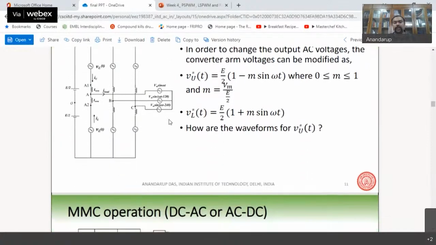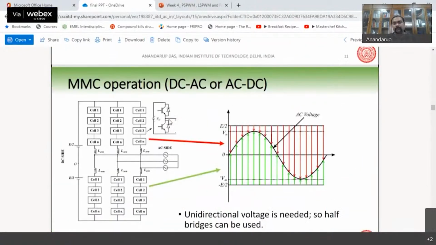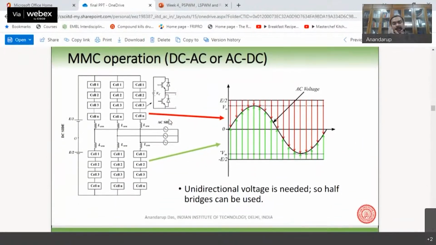Then you can find out the upper arm and lower arm voltages, and you can also depict it pictorially, where the red arrows correspond to the upper arm voltage and the green arrows correspond to the lower arm voltage at several instants of time.